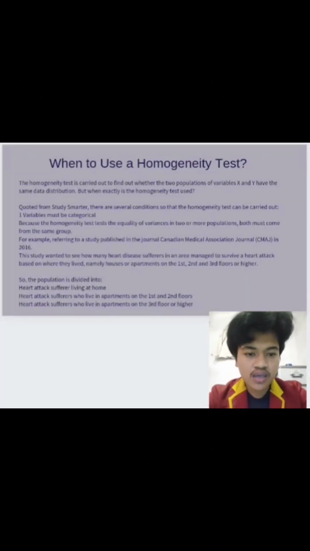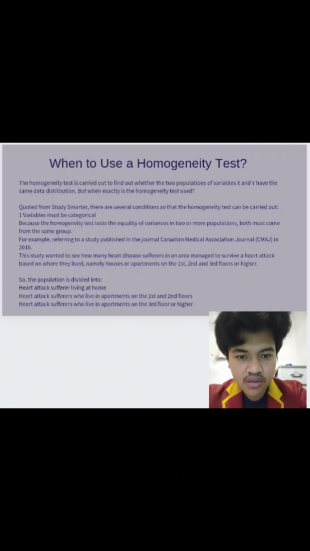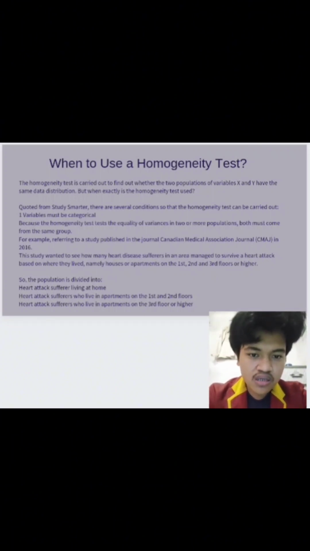When is a homogeneity test used? The homogeneity test is carried out to find out whether the two populations of variables X and Y have the same distribution. According to Study Smarter, there are several considerations for when a homogeneity test can be carried out. 1.